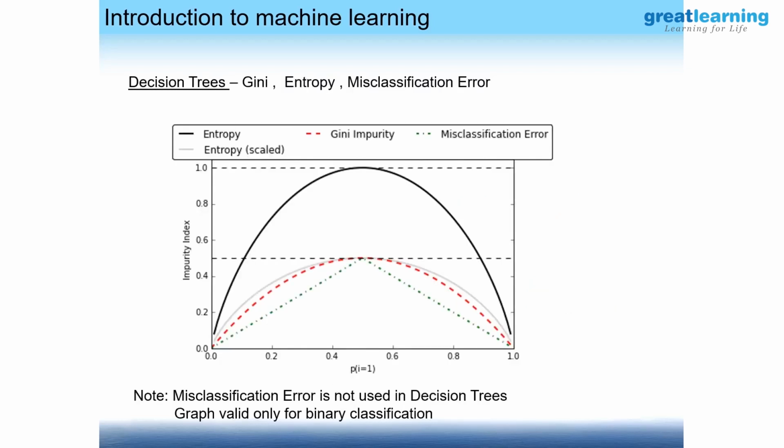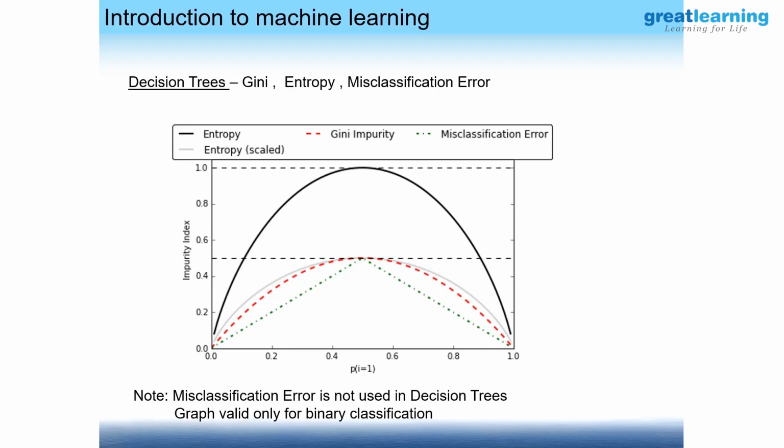What you see here in the red dashes, this is the curve which represents the Gini. Gini ranges from 0 to 0.5. This is probability 0 to 1. Whereas entropy goes from 0 to 1. That is the only difference between these two curves.